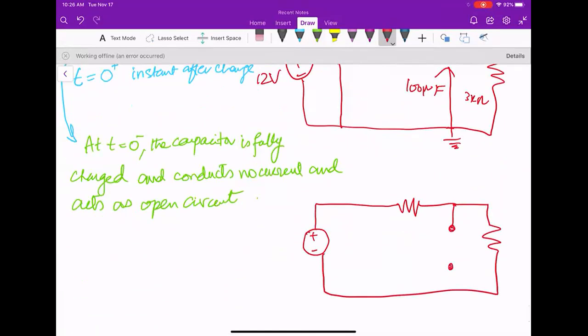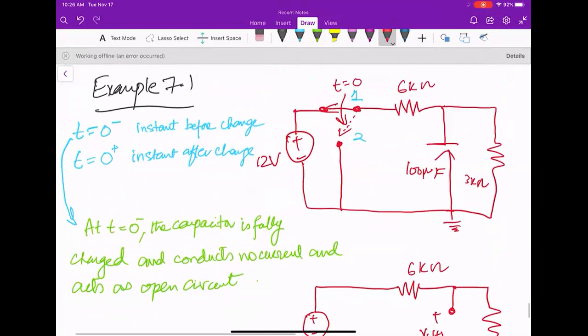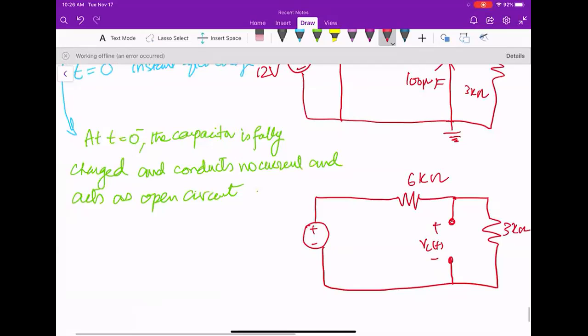In this circuit, the capacitor was fully charged, and this was the circuit at t equals 0 minus, right? So we need to find what is VC 0 minus.